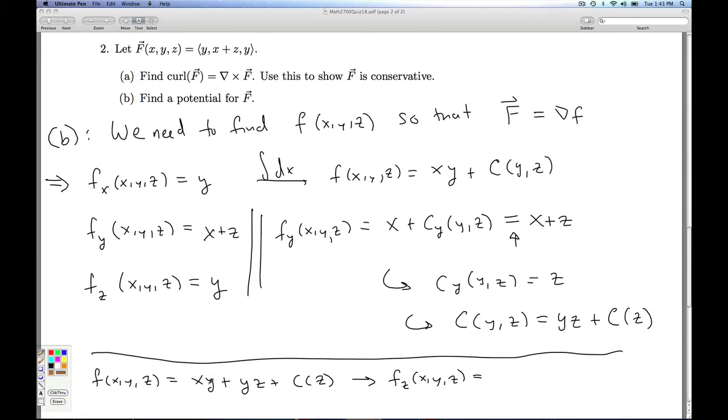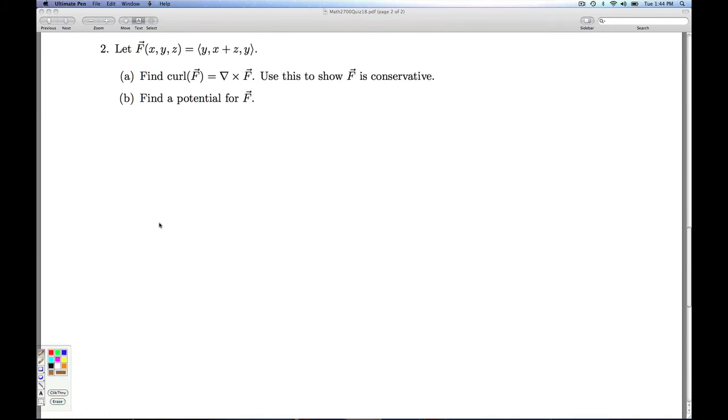The derivative with respect to z is 0 times y plus c prime of z, and that's supposed to be equal to just y, and that gives us that c prime of z is equal to 0, which means that c of z is just a regular constant. So what's my grand final answer? f of x, y, z is xy plus yz plus a constant c.